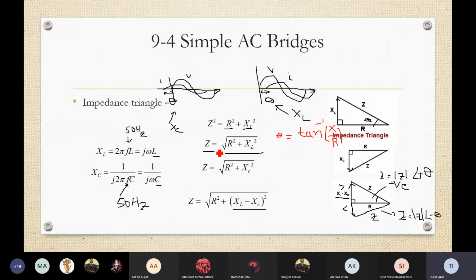So with this we can find out the magnitude and we can find out the theta.